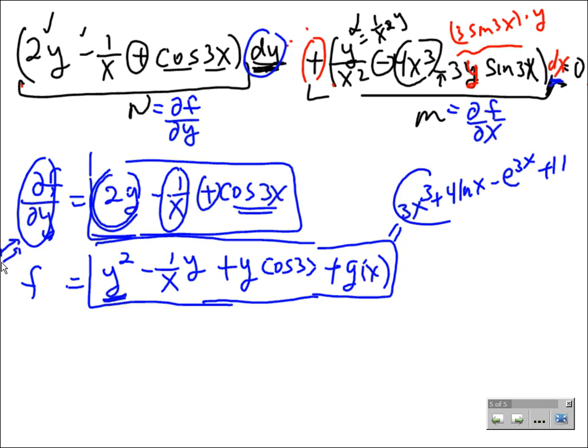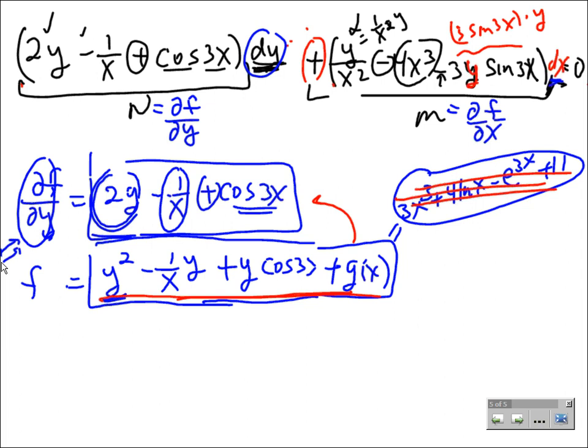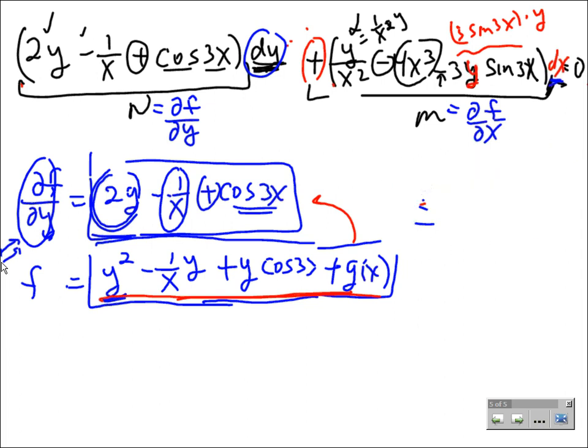When I take the derivative of that with respect to y, I'll get 0. So when I go backwards, if I take the partial of this with respect to y, the g of x just becomes 0. So it can be any function purely in x, no y's.